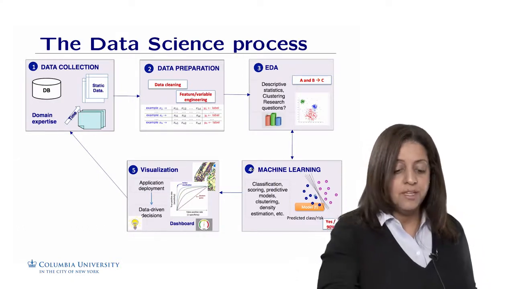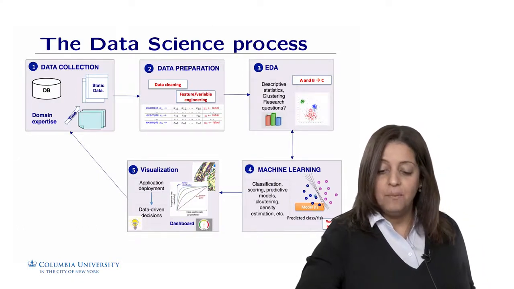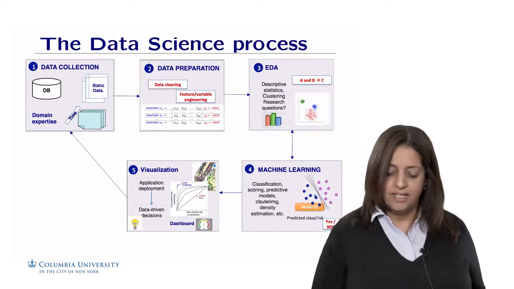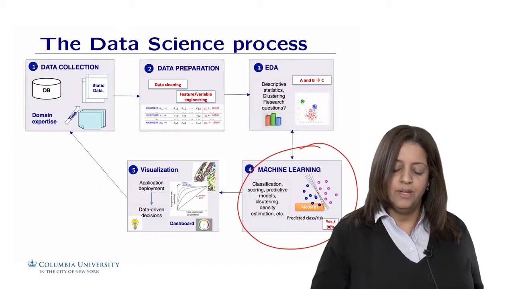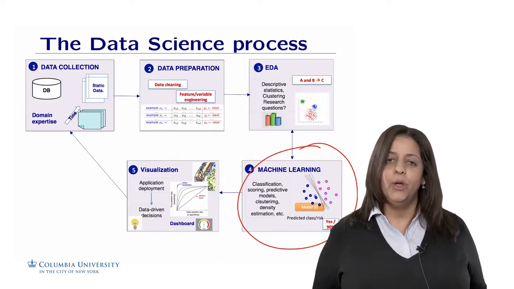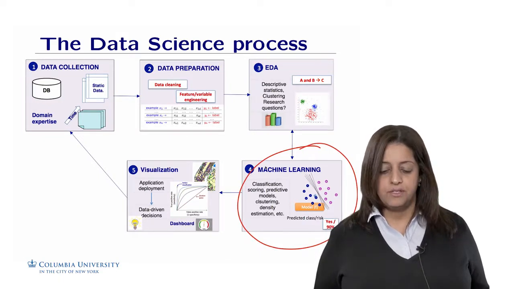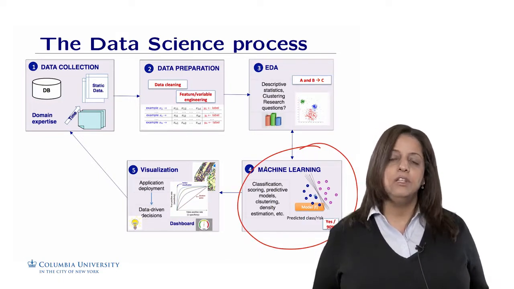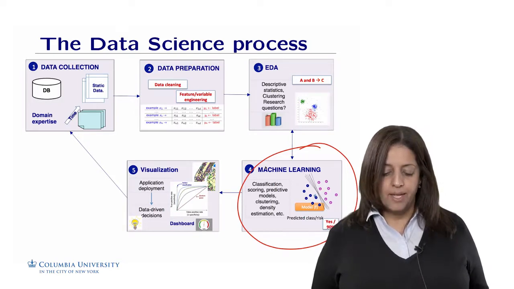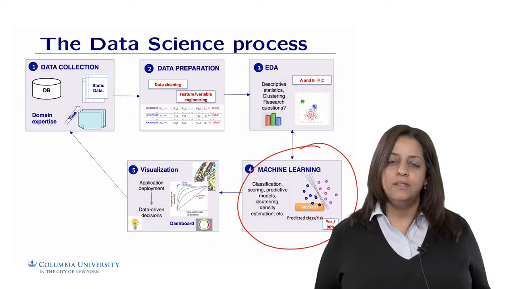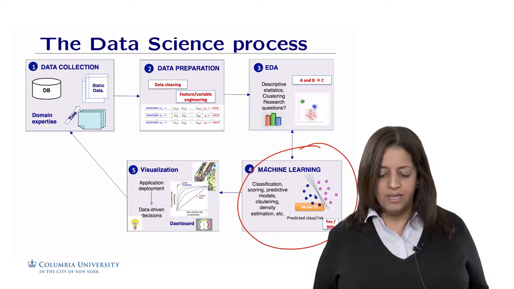So then comes the step of machine learning. Machine learning is the core step in data science in which we deploy machine learning methods and statistics methods to get knowledge and to learn models from the data. So these models could be either classification models, clustering models, regression, density estimation, and so on and so forth.